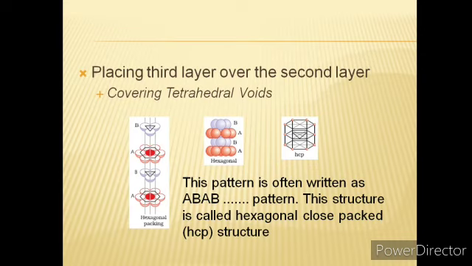This layer will correspond to your first layer. If the first layer is named A, the second is named B, then the third layer again will be A. This type of pattern is written as AB arrangement and is called hexagonal close packed structure.